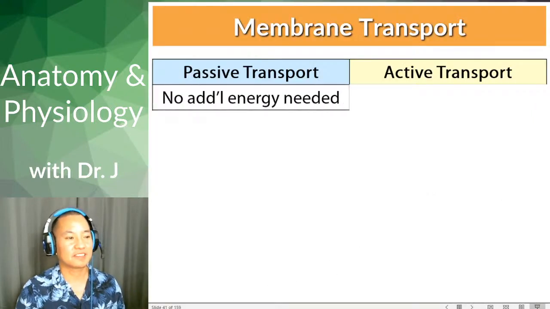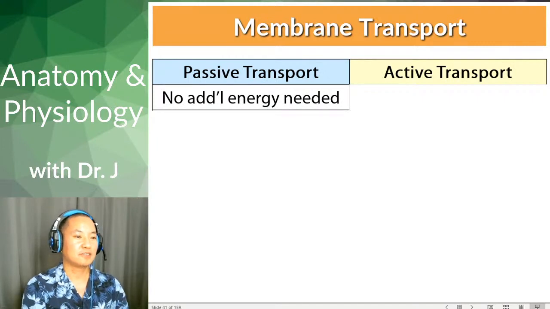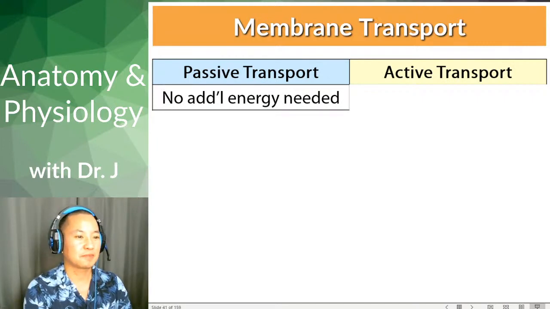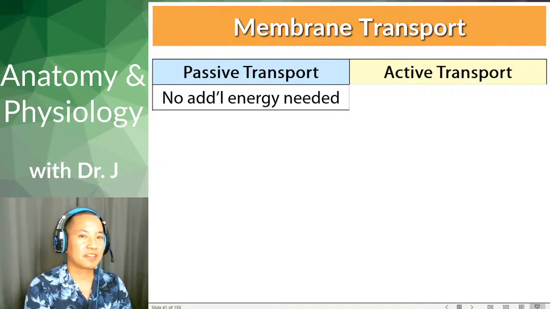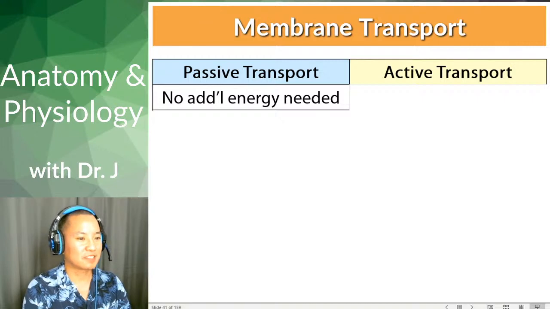So again, I summarized all of these. Membrane transport basically refers to how things get from one side of a plasma membrane to the other. There are two broad categories of membrane transport. Passive transport doesn't require any additional energy.